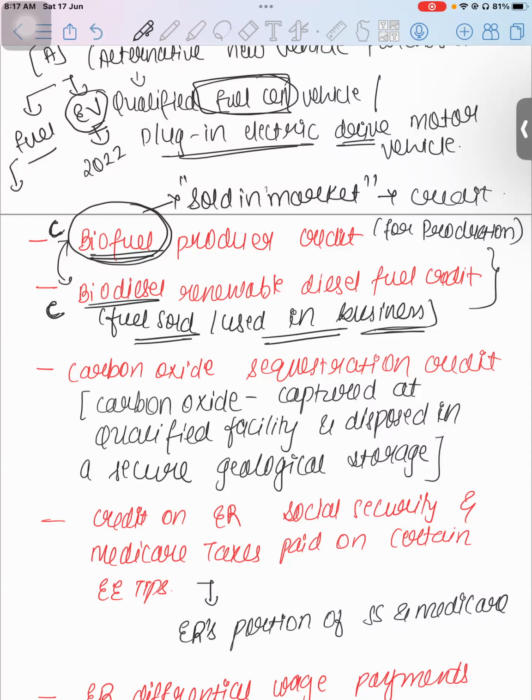Okay, next is the carbon oxide sequestration credit.